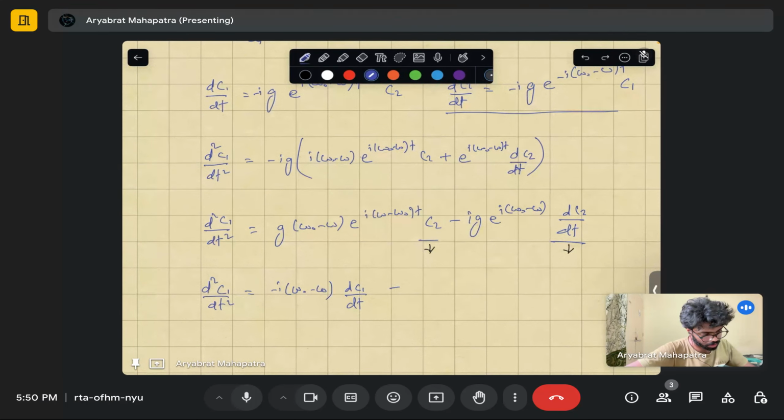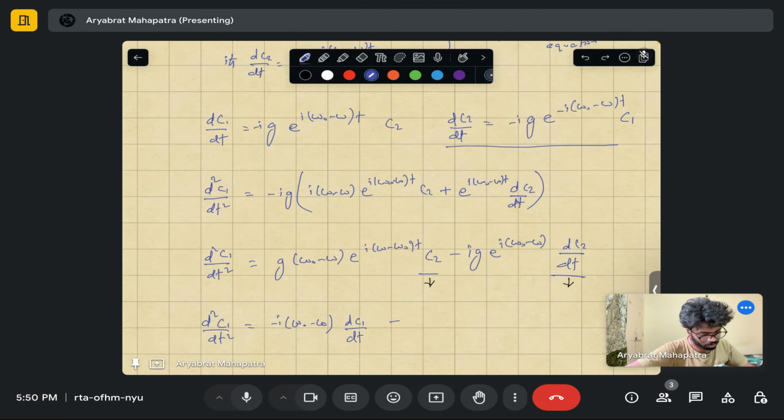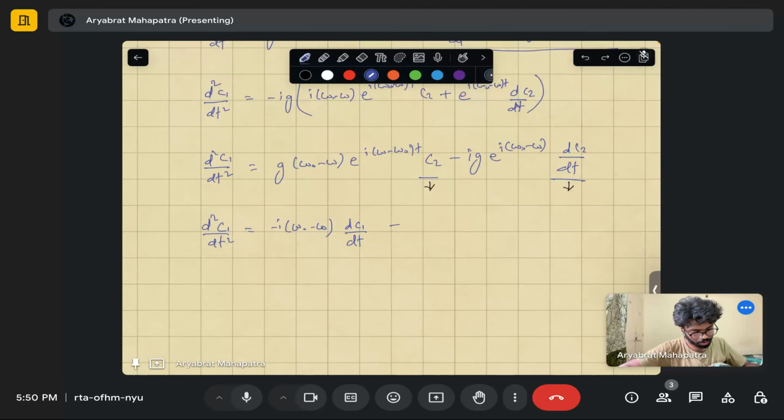So here I is DC2. So G square exponential minus, okay, that means we have plus, plus minus c square c1.